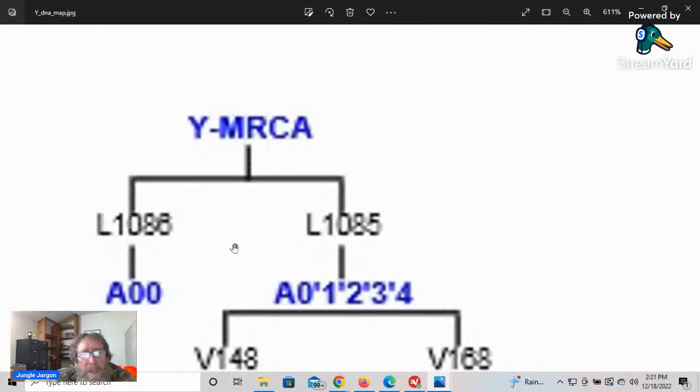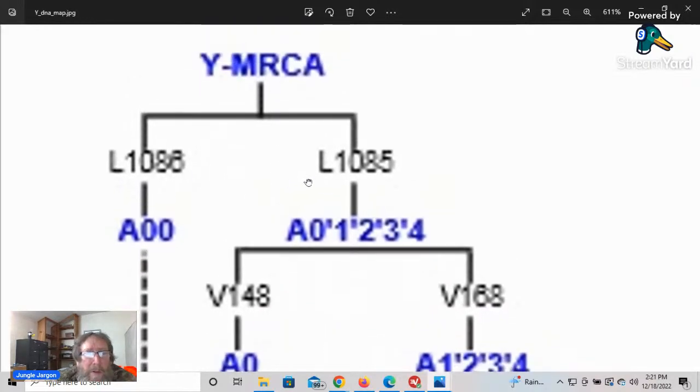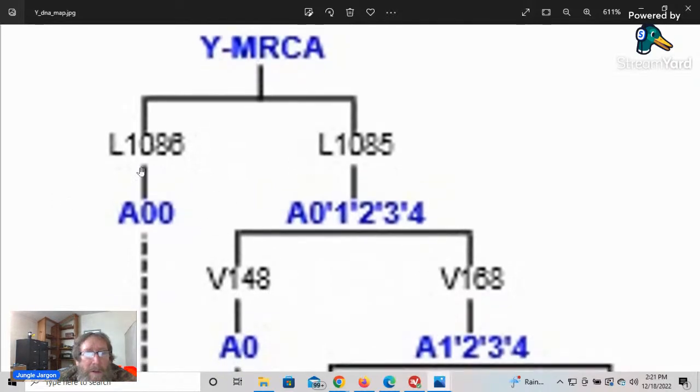Of course, it's rooted here with the Neanderthals and Denisovans, or Denisovans and Neanderthals, whichever way they want to put it. I don't know which is which.